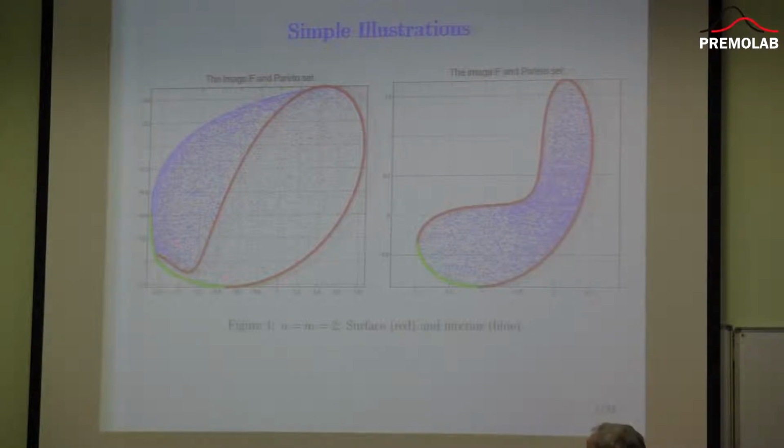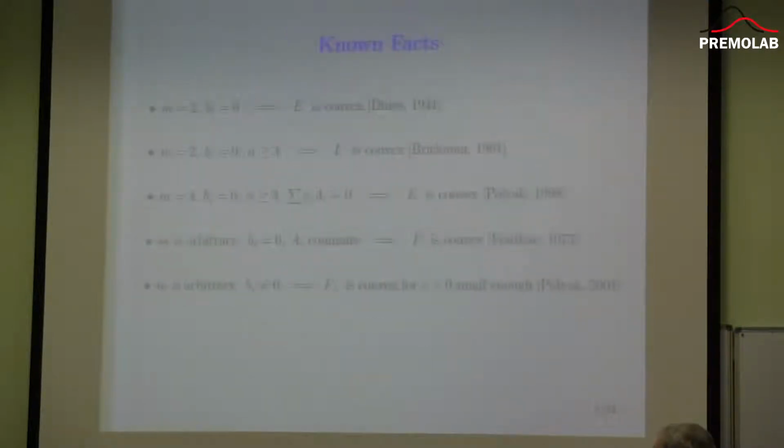Red points are points which lie on the circumference of our circle, and their images. And green is the Pareto set. It doesn't matter now what the Pareto set is. But you see, even in the trivial case, sometimes we deal with convexity and sometimes not.